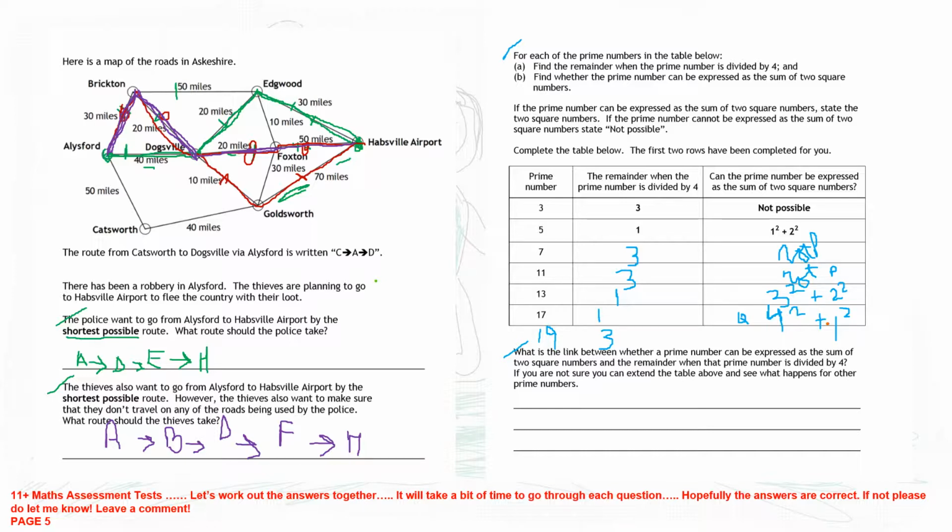We can do 4 square plus 2 square, 16 plus 4 is 20. So it is not possible as a sum of two squares. So for 19 we again have to write not possible. So I think this is the trick here.